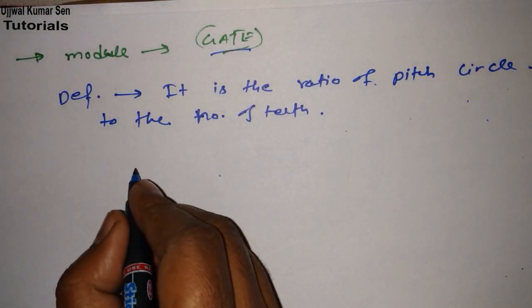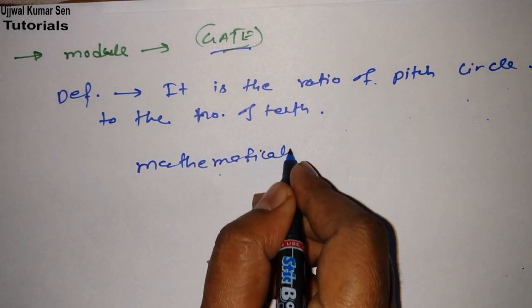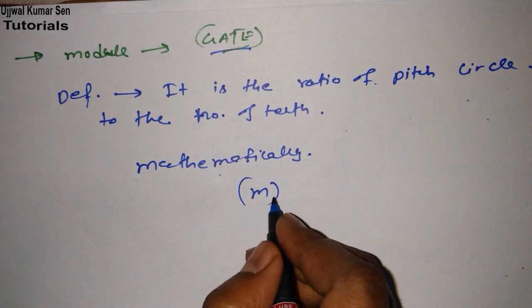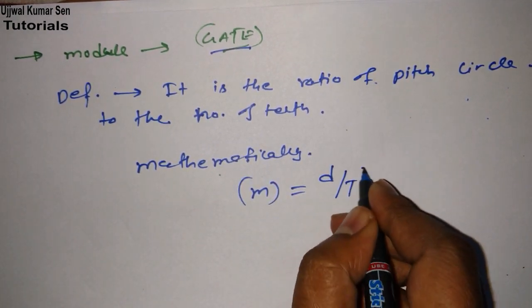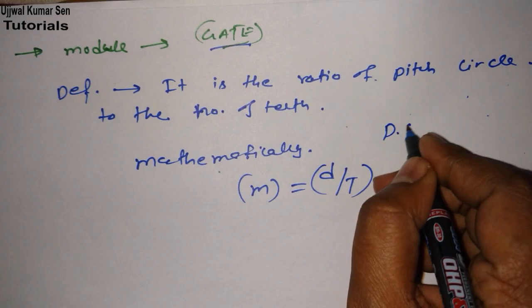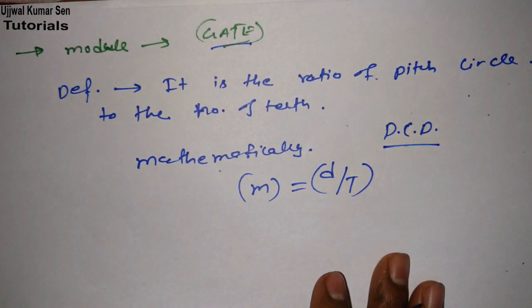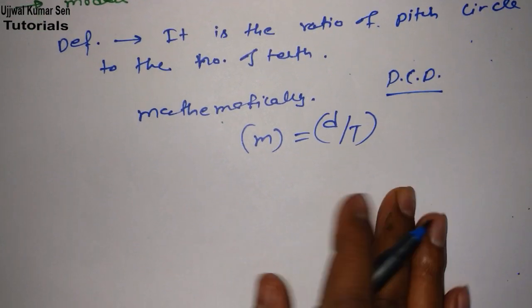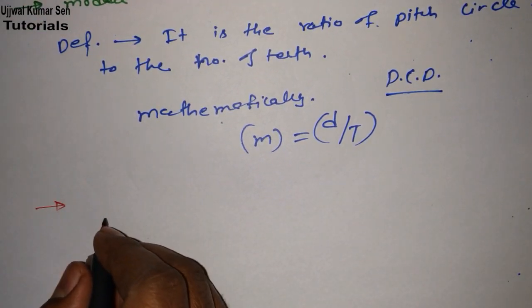Mathematically, module is denoted by small m. M is equal to small d by t. What is d? Basically pitch circle diameter. T is number of teeth. In many books or many places you will see PCD, full form is pitch circle diameter, so don't get confused with that. Now let's go for the last one, because these four are most important, right?